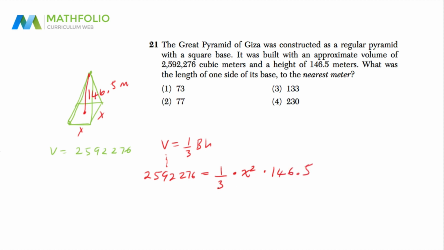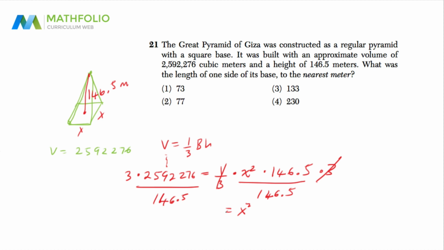So to start to undo this, we're going to times both sides by 3. So if I times this by 3, that 3 kills this 1/3. And then we must remember to times the other side by 3. And then to get rid of this 146.5, we're going to divide by 146.5.